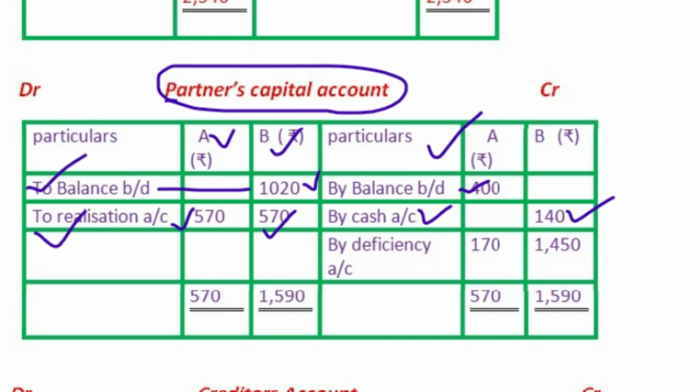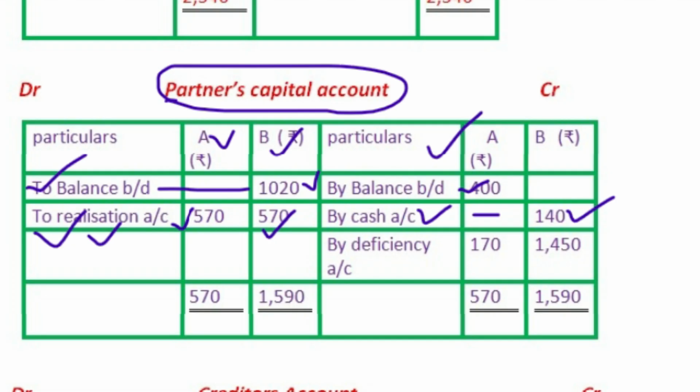A has brought no amount from his private estate to meet the deficiency, so A's column is nil. The transactions relating to the partners' capital accounts are only these: the opening balance, the loss on realization, and the additional cash brought by partner B in B's column. Thereafter we have to balance the accounts.